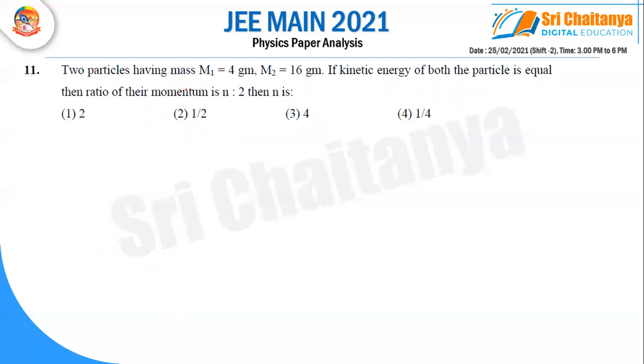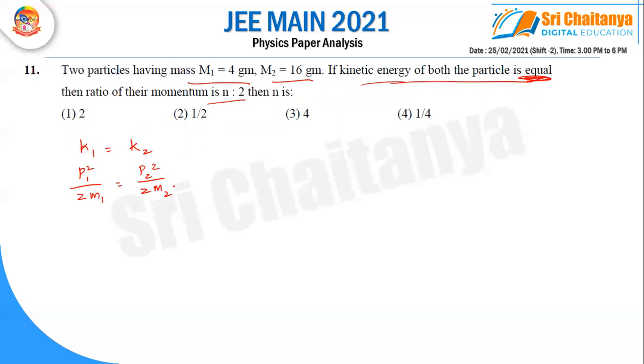Two particles have m1 equal to 4 grams and m2 equal to 16 grams. If the kinetic energy of both the particles is equal, find the ratio of their momentum. He says the kinetic energy of both particles is equal, meaning K1 equals K2, so p1 square by 2m1 is equal to p2 square by 2m2.